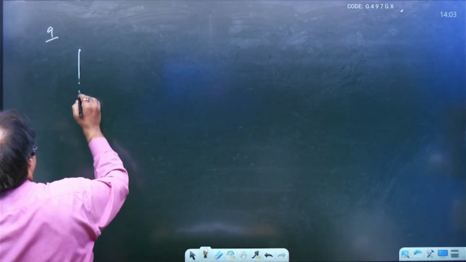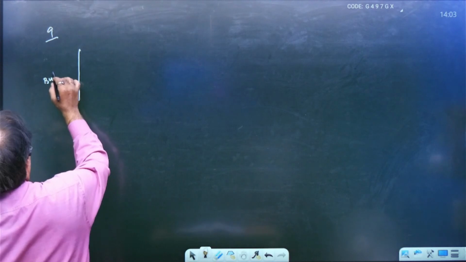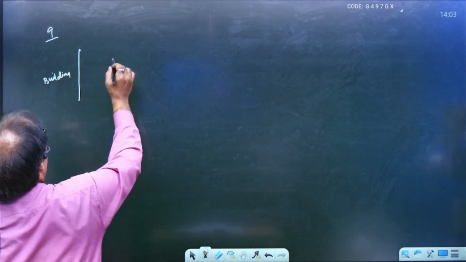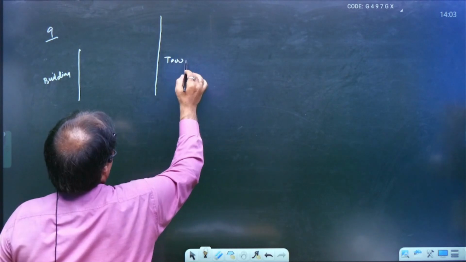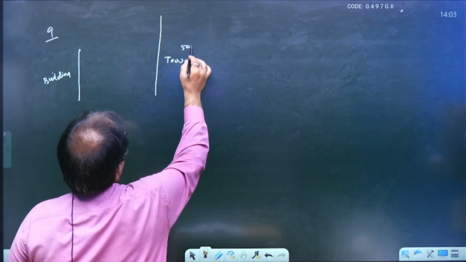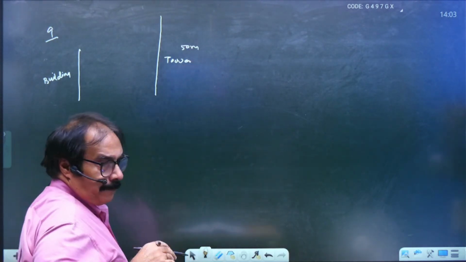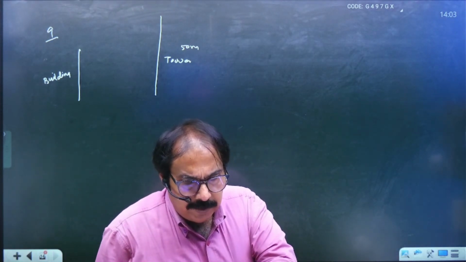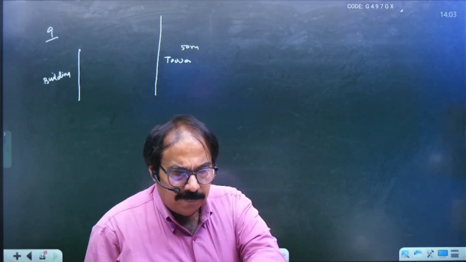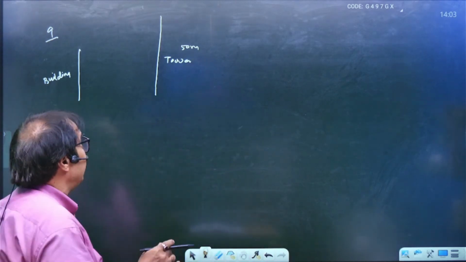So this is the building and this one is the tower, and the height of the tower is given as 50 meters. The question says the angle of elevation of the top of the building from the foot of the tower is 30 degrees.